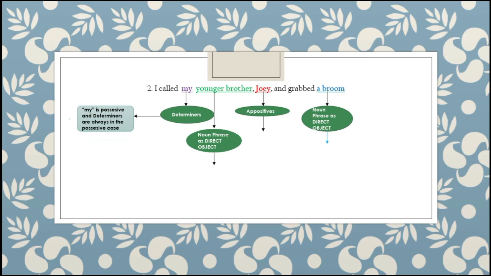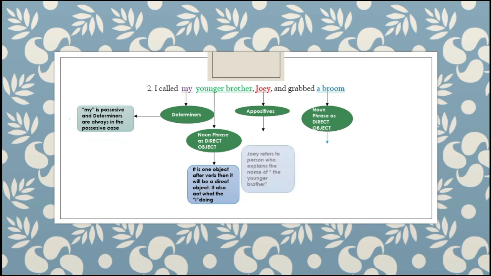Younger brother is a direct object because it is the one object after the verb, then it will be a direct object and it also acts on what the I is doing. I is the subject in this sentence. Joe is an appositive because Joe refers to the person and explains the name of the younger brother.